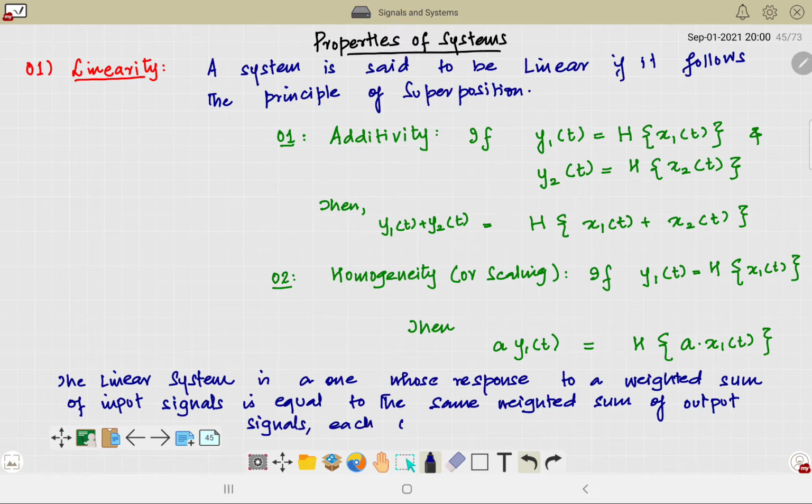Each output signal being associated with a particular input that acts on the system.